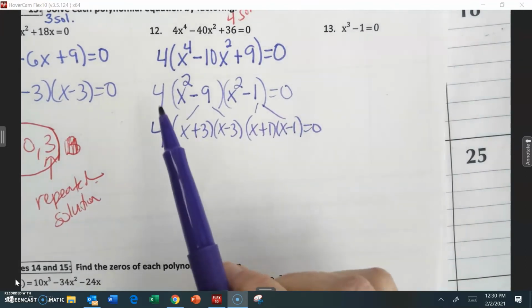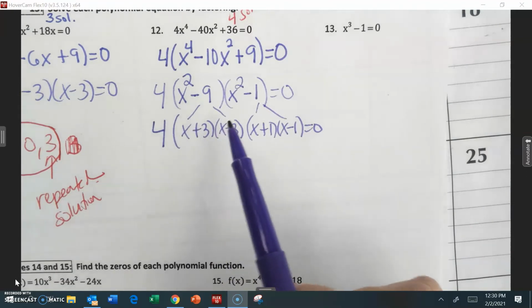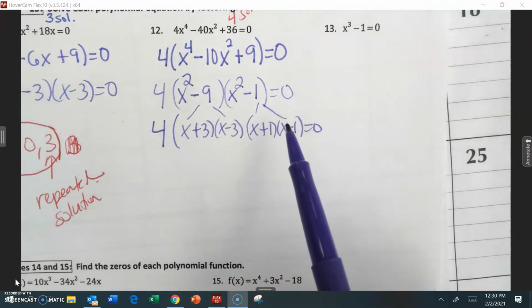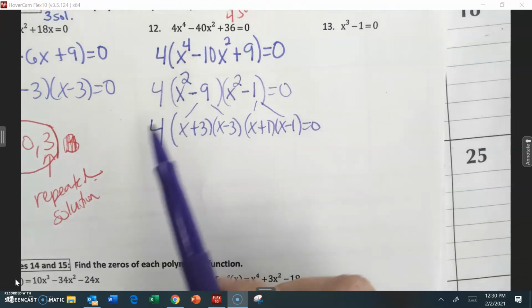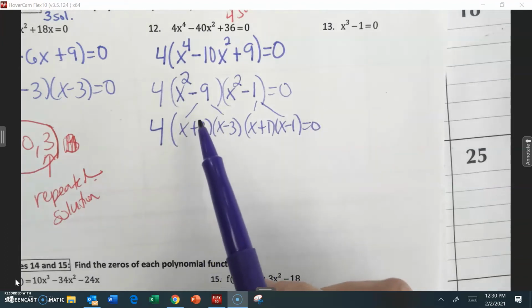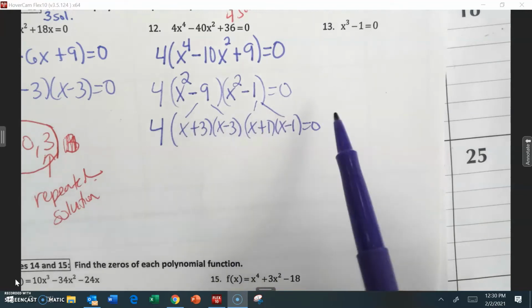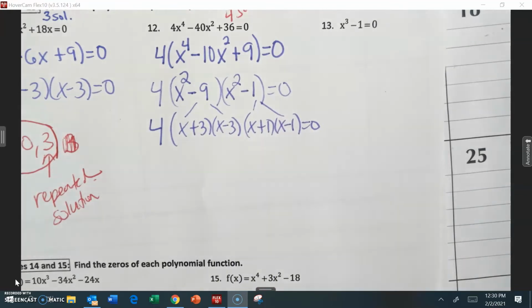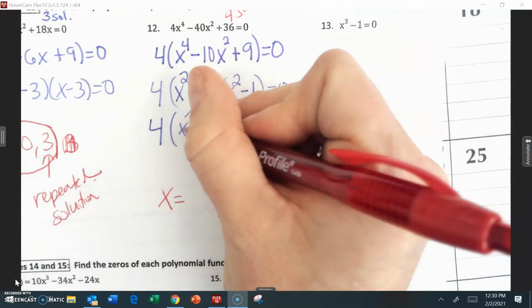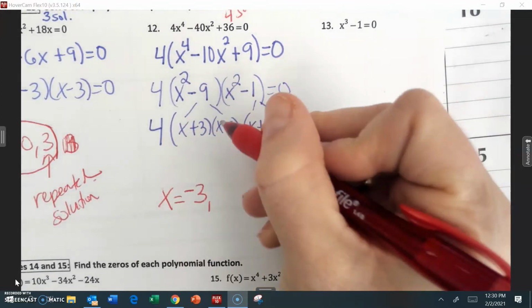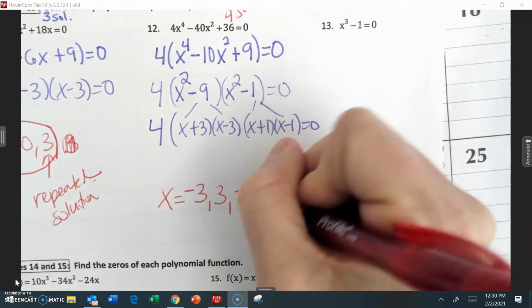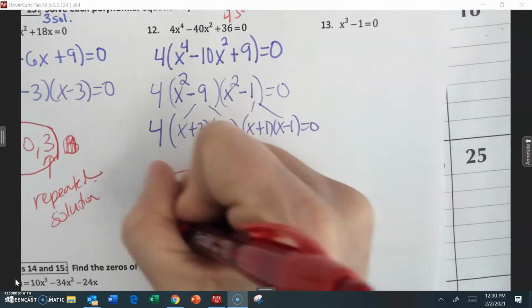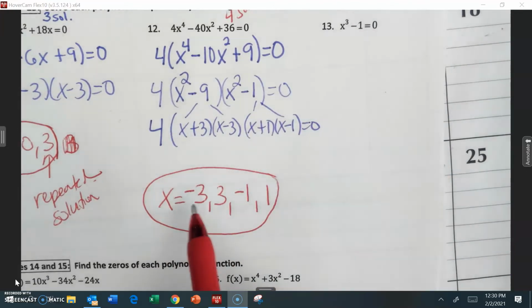So we have the 4 times 1, 2, 3, so we have 5 factors, but remember, 4 can't be equal to 0. So that's never going to change, but we can ask ourselves, when will these other factors equal 0? So that will happen when x equals negative 3, 3, negative 1, and a positive 1. And sure enough, we have 4 real answers.